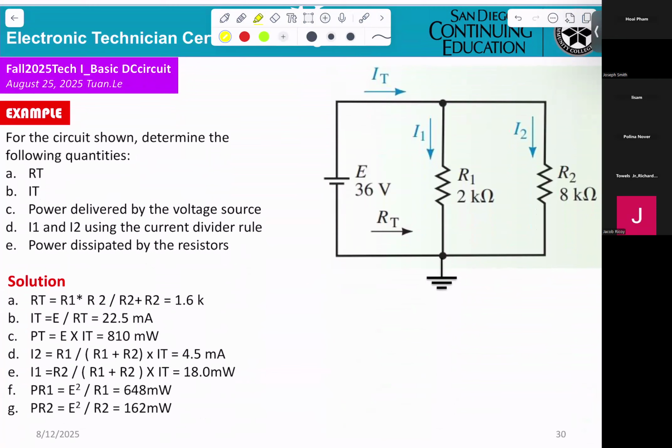Let's see. For the circuit shown, determine the following quantities: R total, I total, power delivered by the voltage source, I1, I2 using the current divider law, and power dissipated. You can go through that.